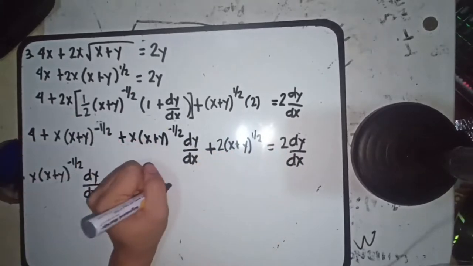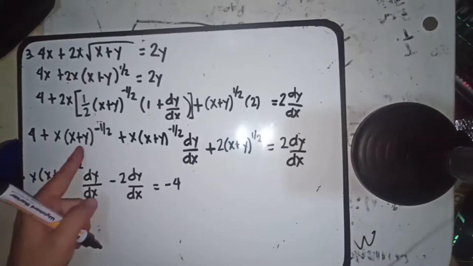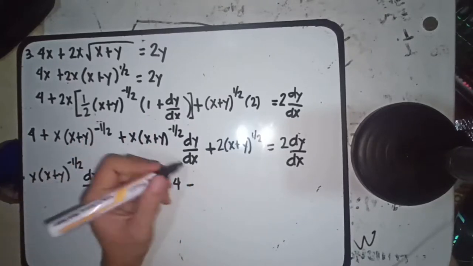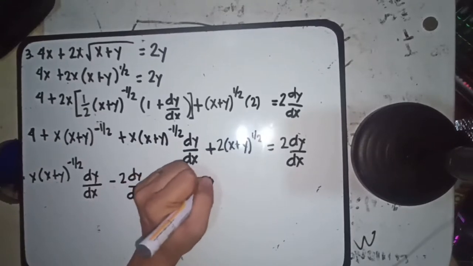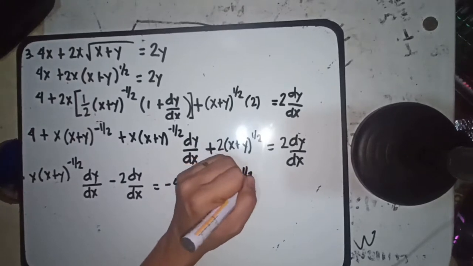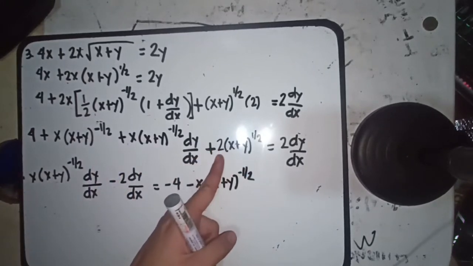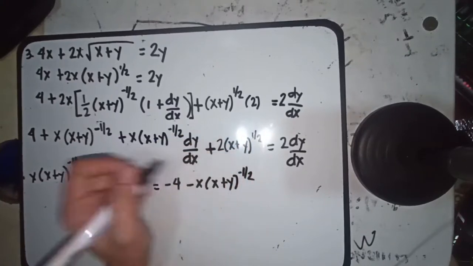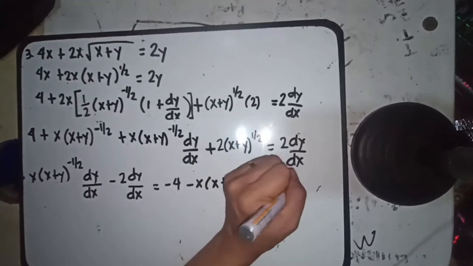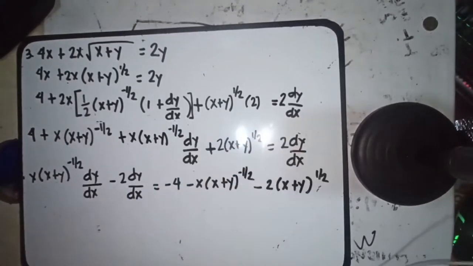Transposing, we'll have negative 4. Next, we have x times x plus y raised to the power of negative 1 half. Transpose. So, we'll have minus x times x plus y raised to the power of negative 1 half. Next, we also have 2 times x plus y raised to the power of 1 half. Transpose. So, we'll have negative 2 times x plus y raised to the power of 1 half.